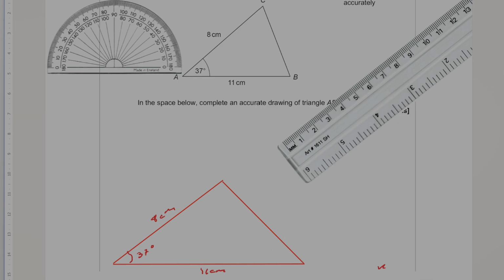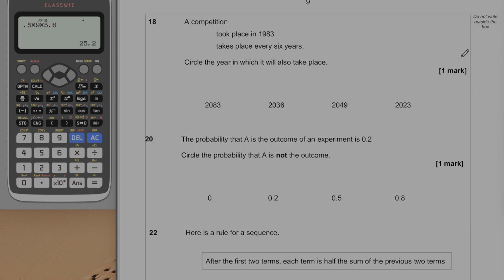Okay, let's move back to my other program. Question 18. A competition took place in 1983. It takes place every 6 years. Circle the year in which it will also take place.